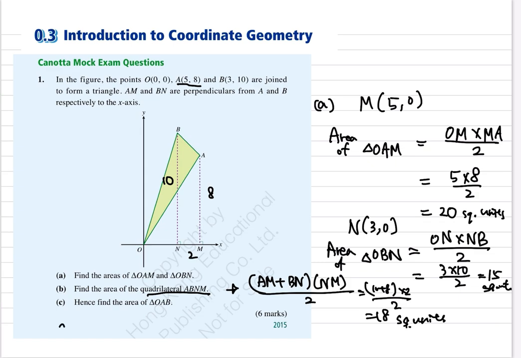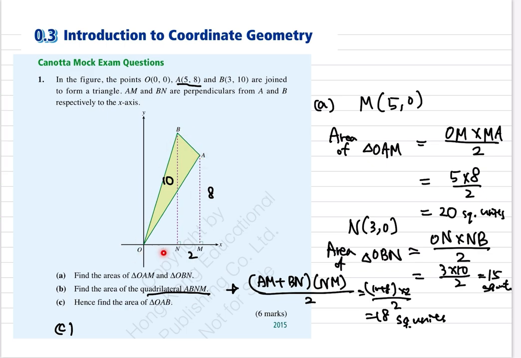And part C, finally, you want to find the total area. So you try the area of triangle OAB. You use the answers of part A and part B, add them together, and think about whether you should subtract something. This is triangle OBN, this is triangle OAM, and this is what you found for the quadrilateral ABNM.